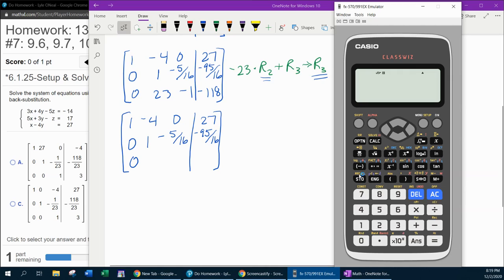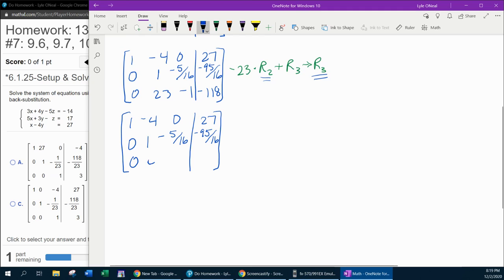Okay, next we're going to take negative 23, multiply by 1, and then add it to 23. And do you see that achieves the objective of getting a 0 here? Okay, next.